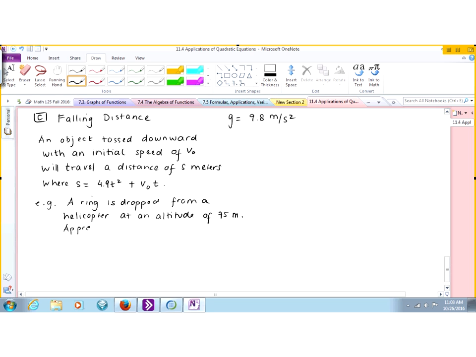All right. So approximately how long does it take the ring to reach the ground? All right. So that is the question.